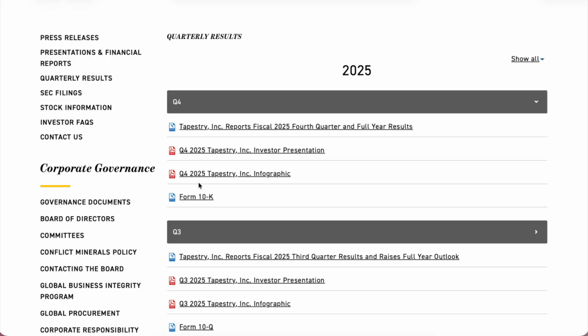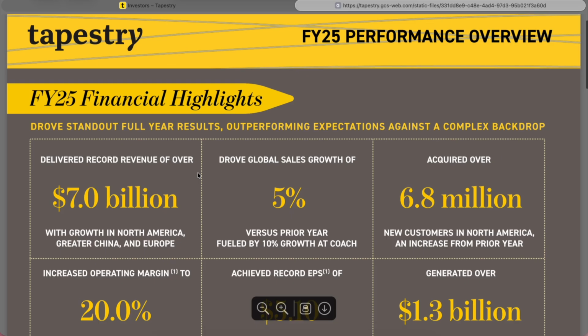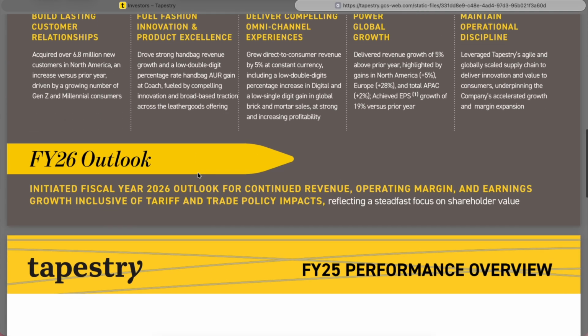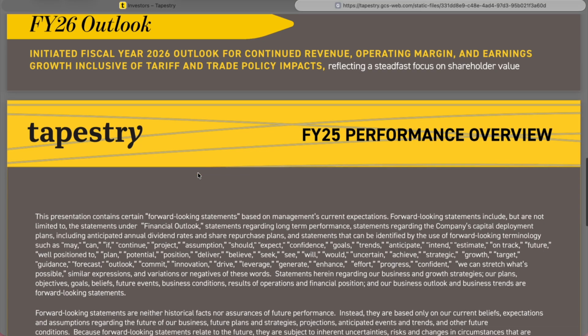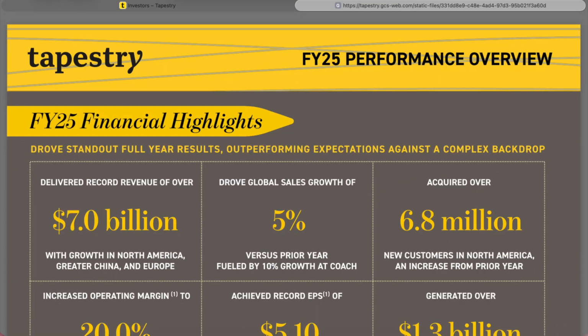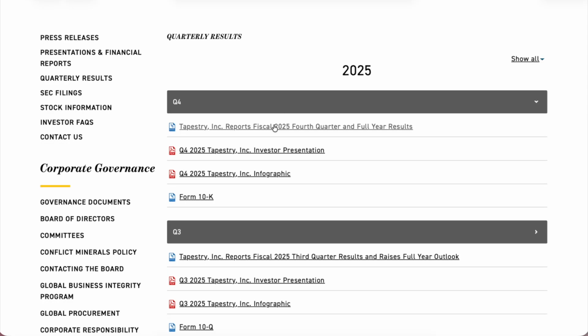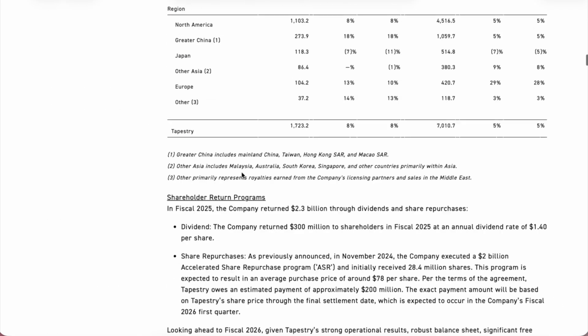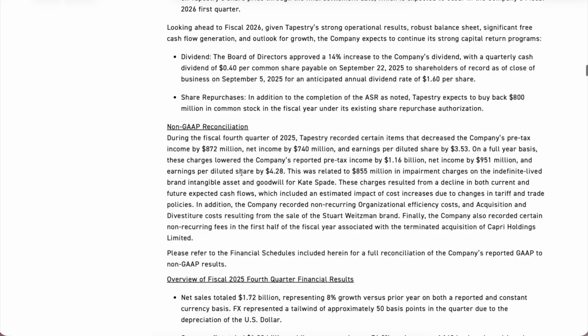So that's the investor presentation that they created for their annual results. But then they also created an infographic, it looks like, briefly talking about the financial highlights of that year and what they view as their outlook for 2026. And then they also created a press release talking about the results in a memoranda type format.